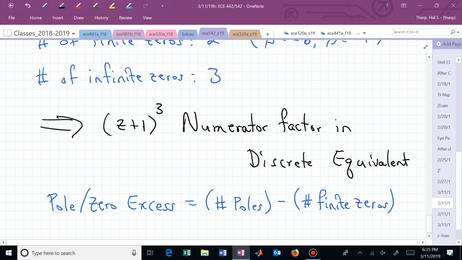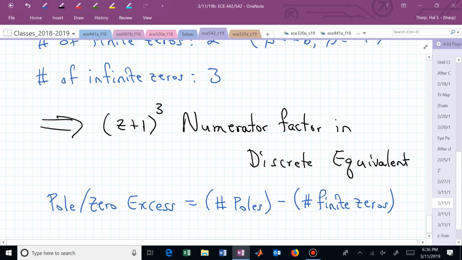Is my question clear? If I want a pole-zero excess of 1 in the discrete equivalent, what's that saying? You want one more pole than you have finite zeros in your H(z).